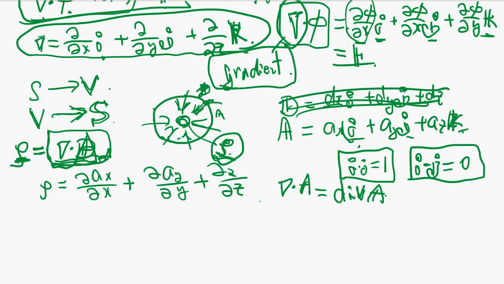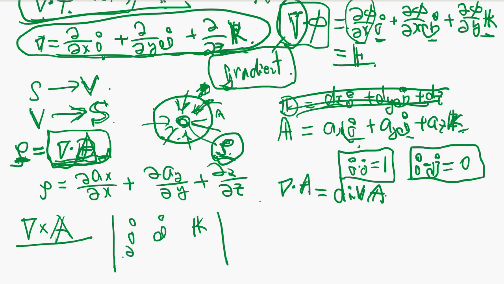Now, last one is, how about outer product? Outer product operator is defined not by this, but something like this. A matrix, and ax, ay, az.